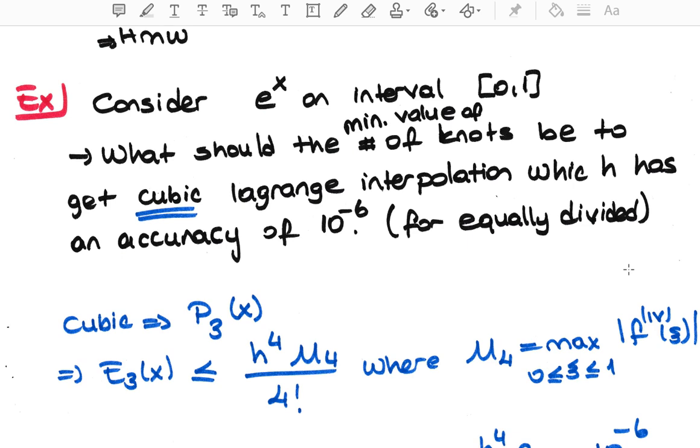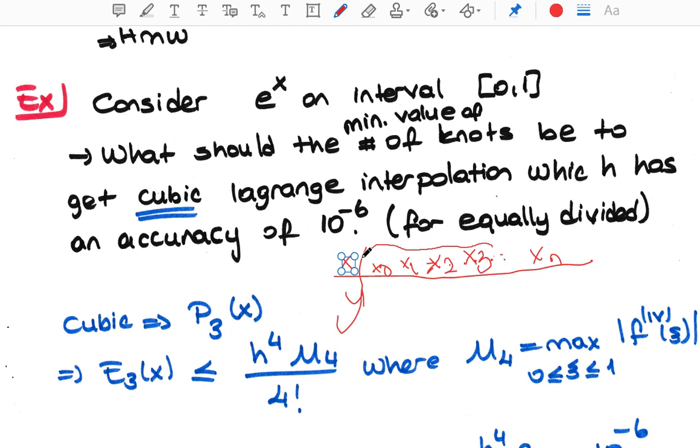So, for this reason, let me sketch here a data set like a table, with corresponding y values: x0, x1, x2, and then dot, dot, xn. By using 4 points, I can get a cubic expression. But of course, my data set consists of n plus 1 points. Of course, it can occur, okay?